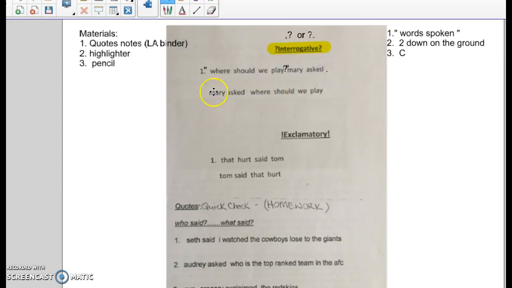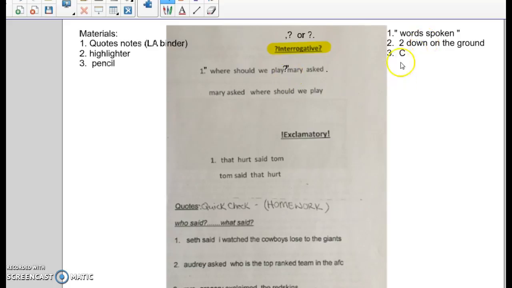So you should have quotes, where should we play, question mark, quotes, Mary asked, period. Also, always remember that the punctuation comes inside of the quotes, our PQ, right? The question mark comes before the quotes.